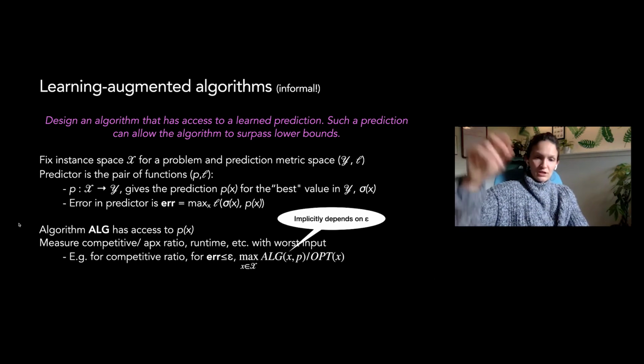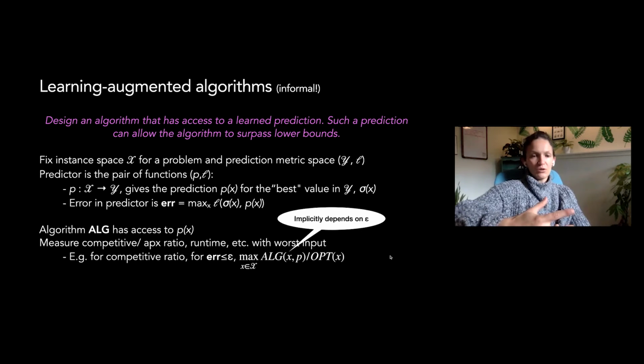And then what you can do is, if P has error at most epsilon, you can measure the competitive ratio that this algorithm gets with the prediction by looking over all of the instances and measuring the algorithm's performance on X with prediction P as compared to the best optimal offline thing.